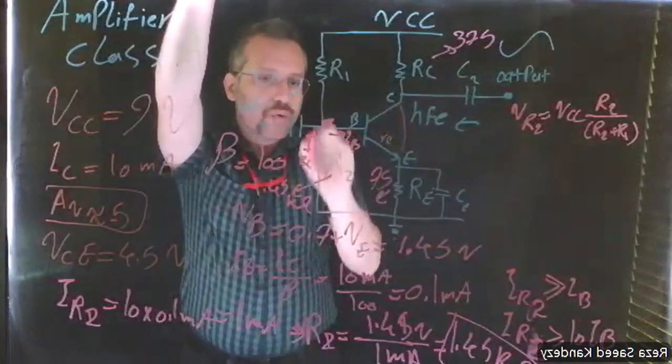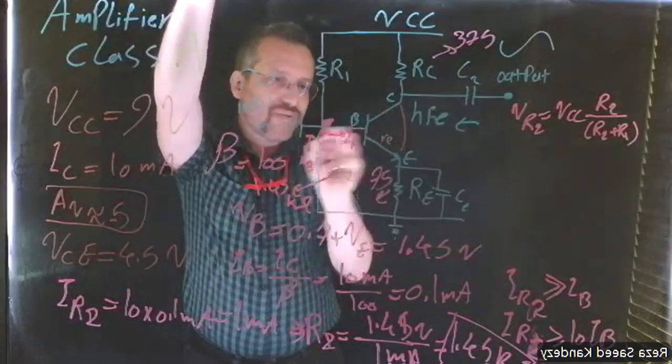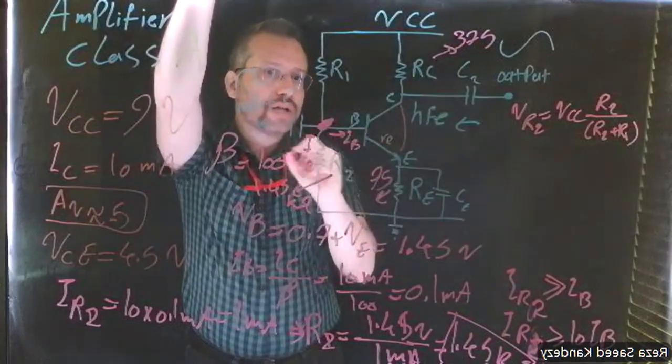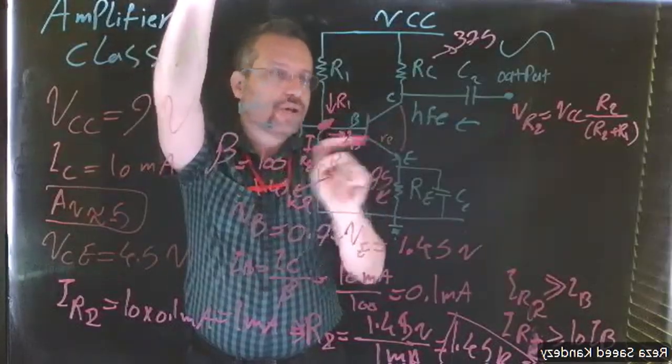So we have the current of R2, and we have IB. If you run a KCL here, the current of R1 should be the summation of these two.